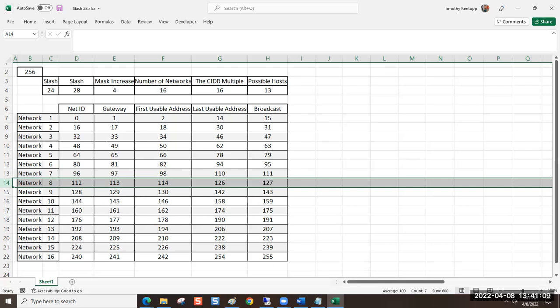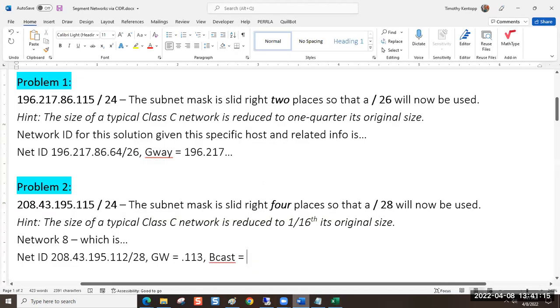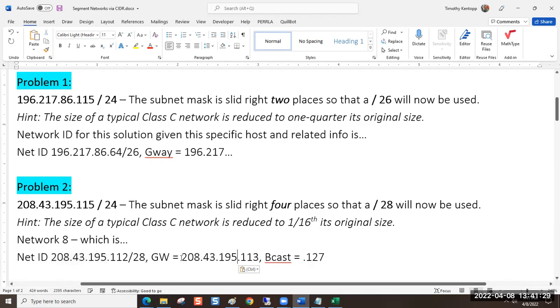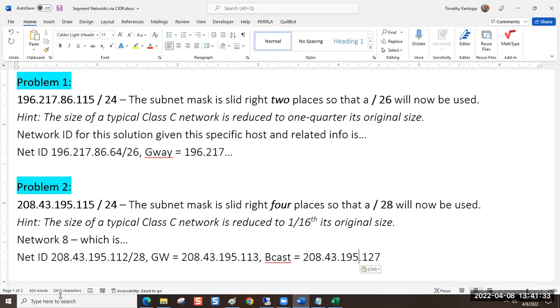Everybody see that? 127. Now we understand that the first part of this is 208.43.195. So I can just copy this, paste it. Now I have my complete answers.